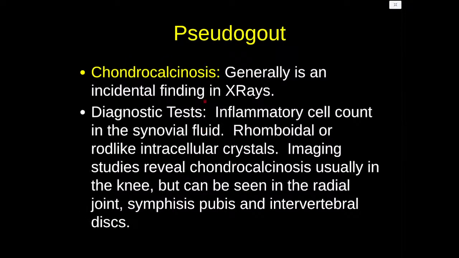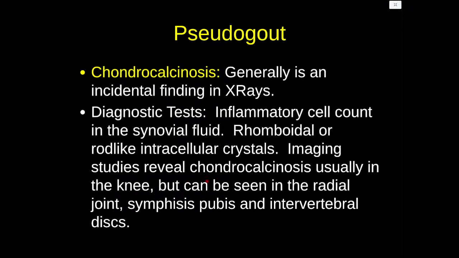Chondrocalcinosis, another type of CPPD, is generally an incidental finding on X-rays. Diagnostic tests: inflammatory cell count in the synovial fluid, with rhomboidal crystals in comparison to the needle-shaped crystals of urate gout, or rod-like intracellular crystals.